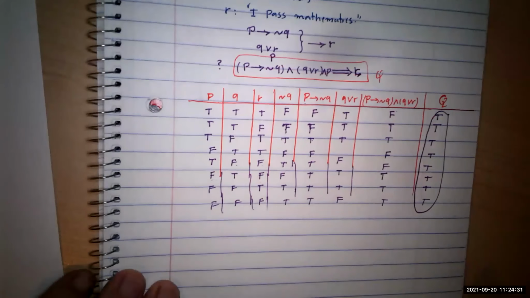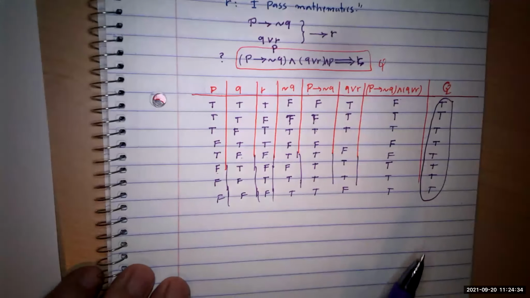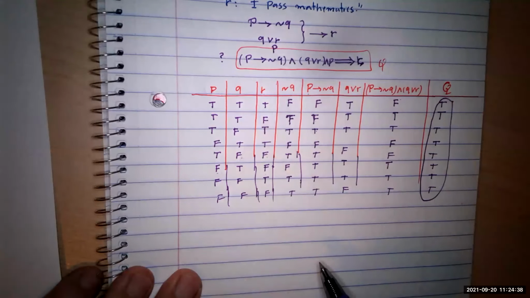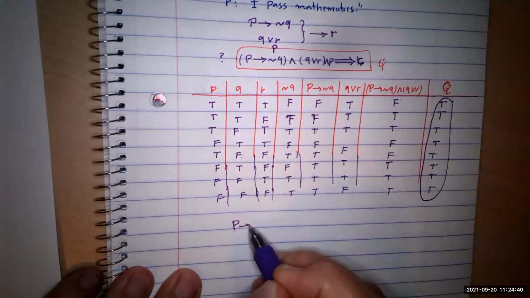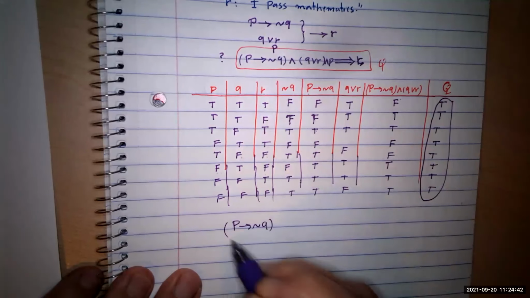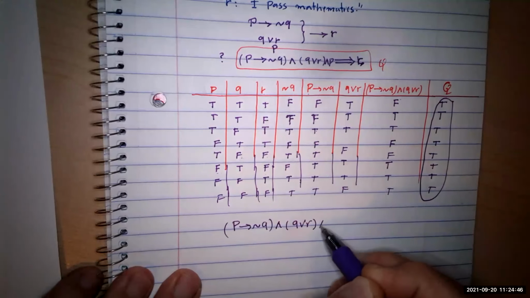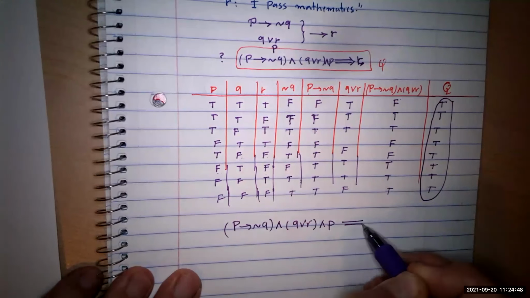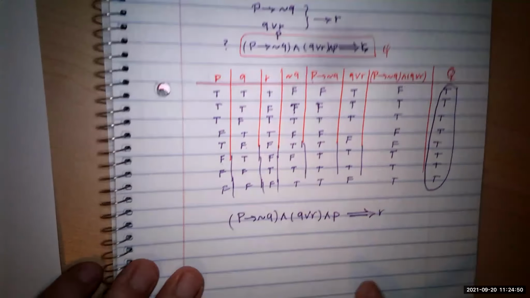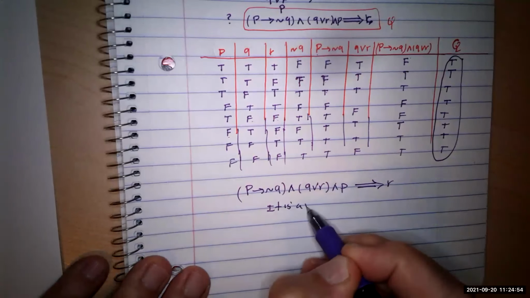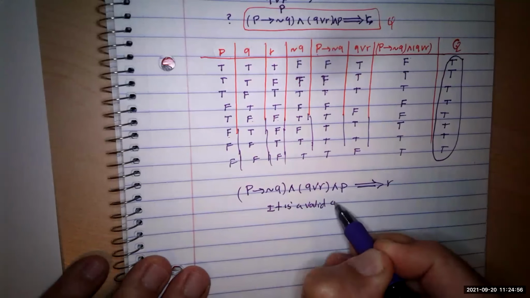Okay, so this implication over here, I missed there was another one. Sorry. So basically this is what we proved, and Q or R and P implies R. So it's going to be a valid argument. Okay, it is a valid argument.